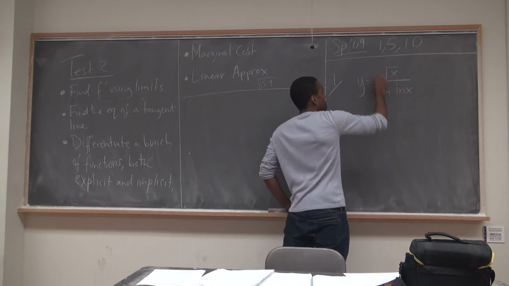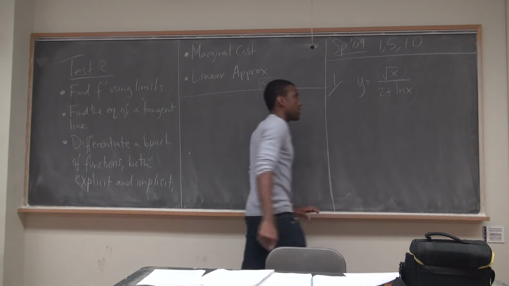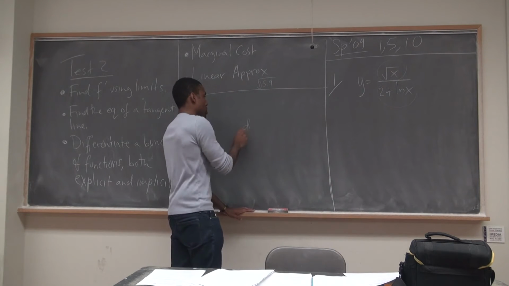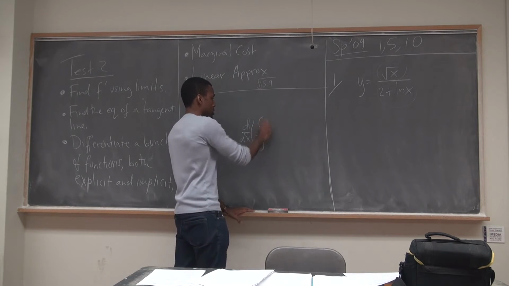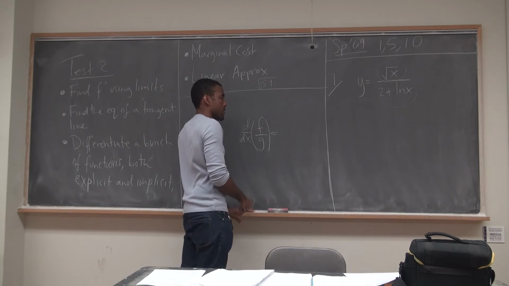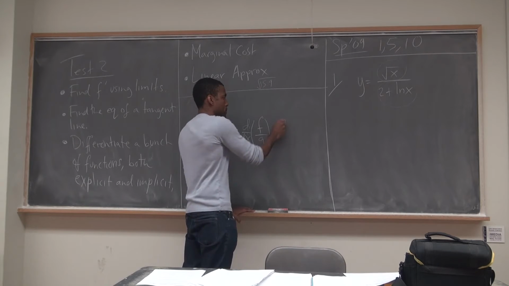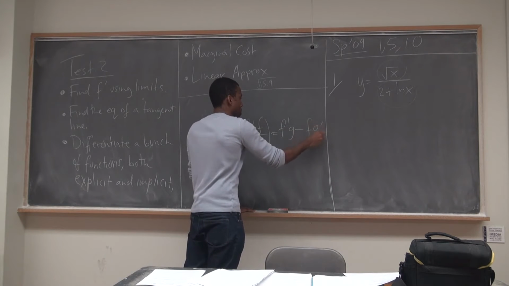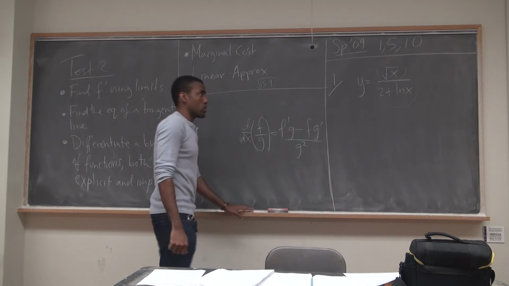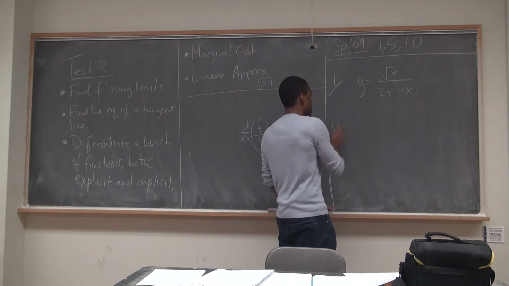I see that there's something divided by something, and there's a rule for that. If I want to differentiate f over g, the rule is f prime times g minus f times g prime, over g squared. That's the quotient rule. So go.